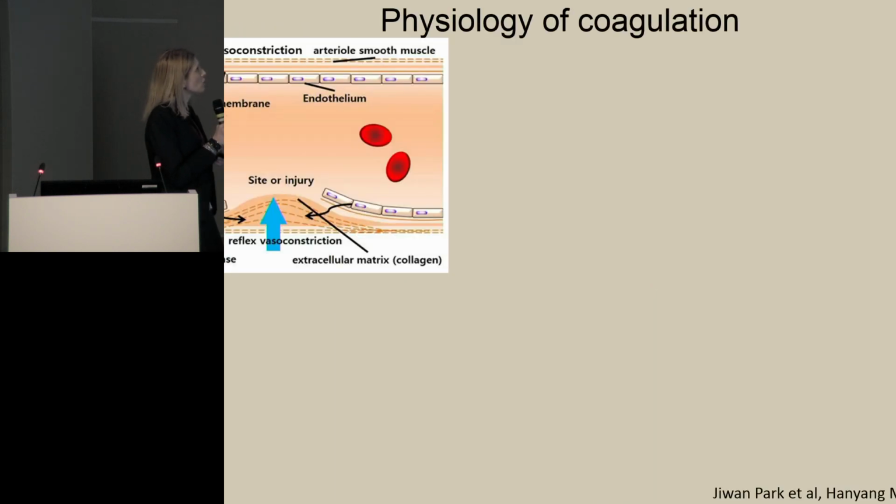These are my disclosures. Actually, the process of coagulation was divided into successive steps, but mostly because of didactic purposes, because in reality, all these processes occur almost simultaneously. So when we have a vascular wall lesion here, the first thing that happens, we have vasoconstriction. And this is increased by the endothelin release from the surrounding endothelial cells.